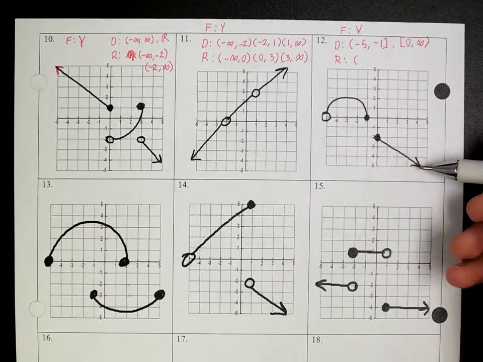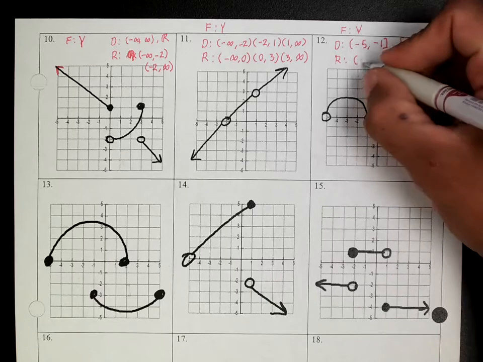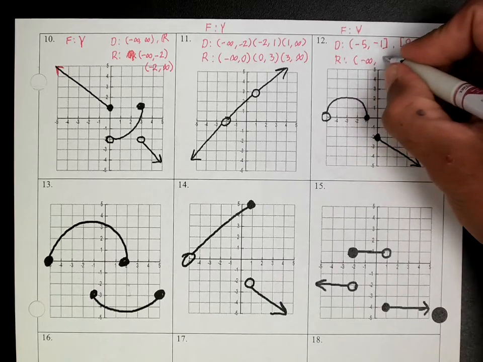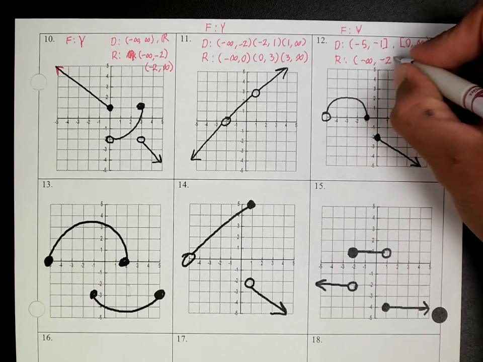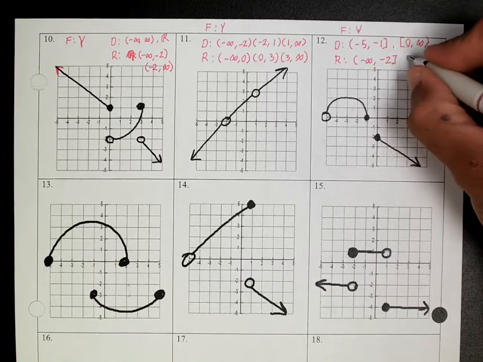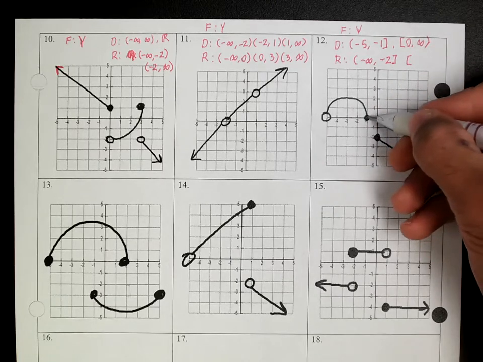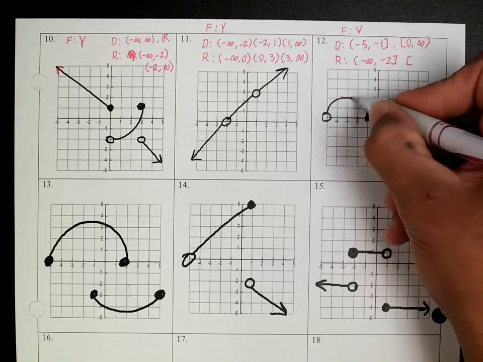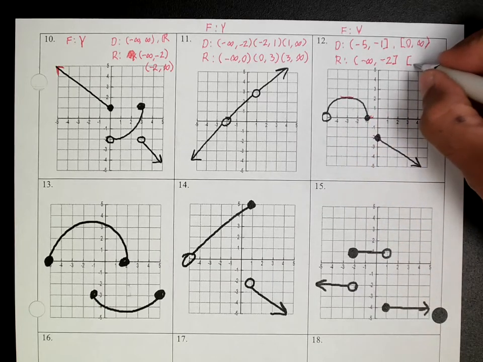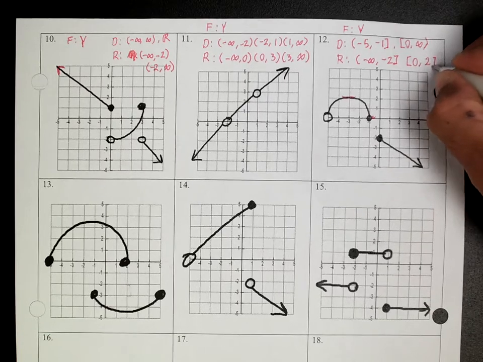And the range is going to go between here and here, which is -infinity to -2, including -2. And then we have between that point, that's the lowest point here, and that's the highest point there. So we have 0 and +2. Both of them inclusive, right?